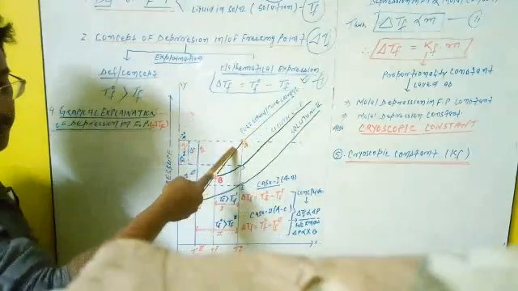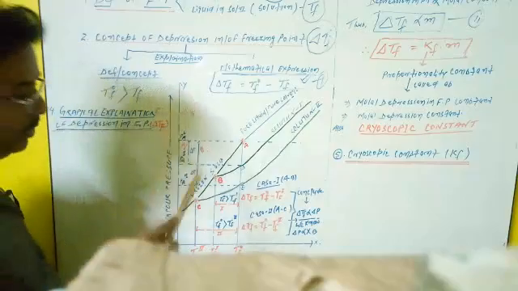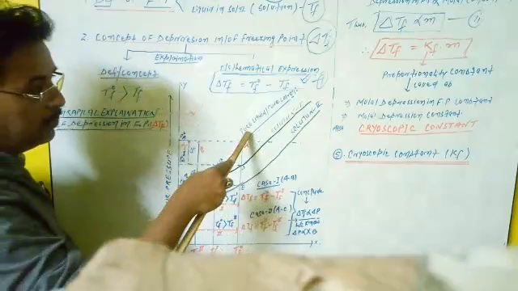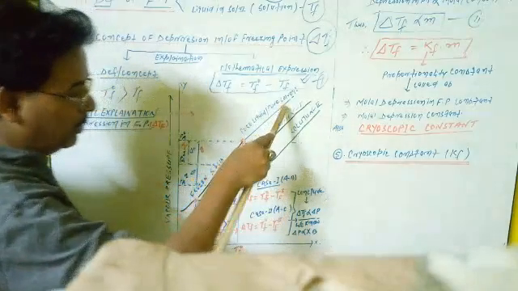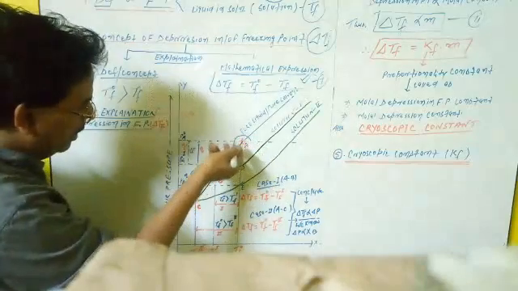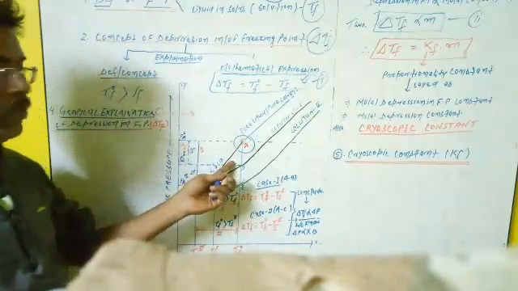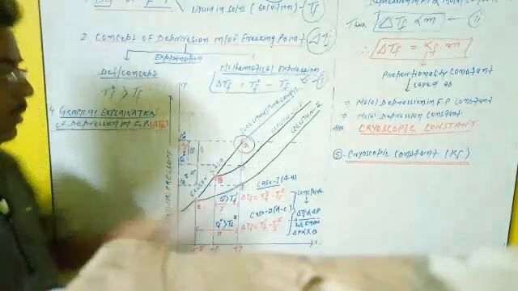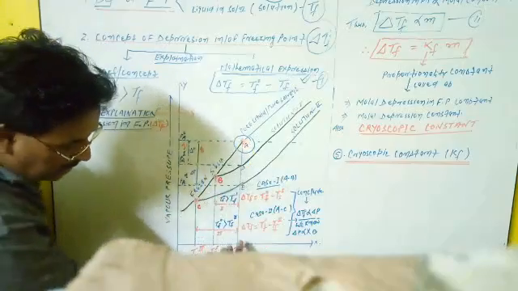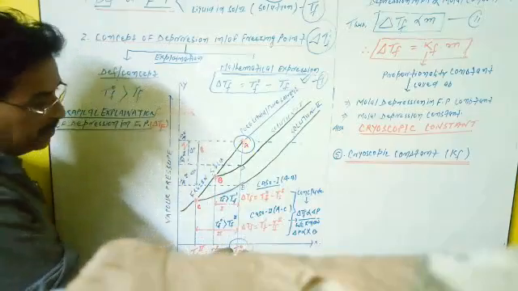In another language, freezing temperature is the temperature at which the vapor pressure of the solid becomes equal to the vapor pressure of its own liquid. So this point indicates where equilibrium is established between frozen solid and its own liquid. If we draw the intercept on the x-axis, it is denoted by the red T naught f.